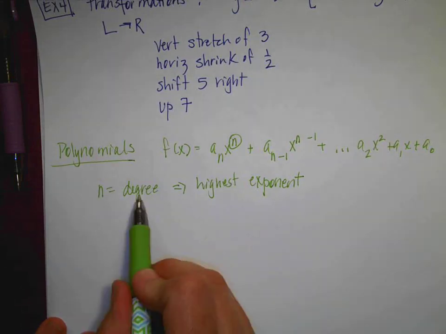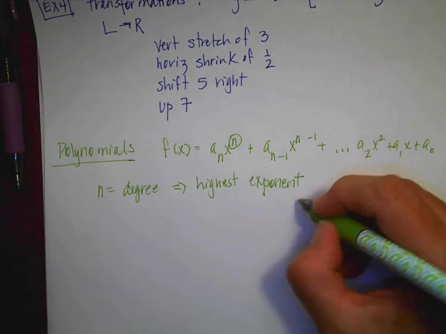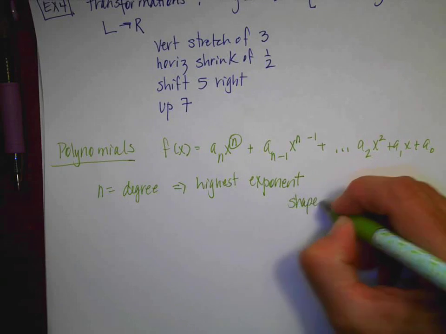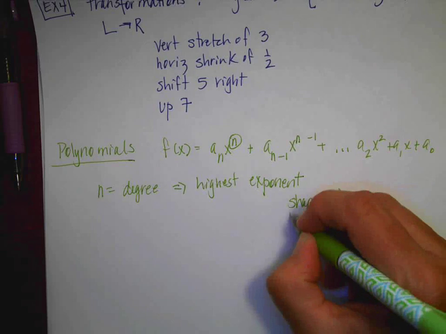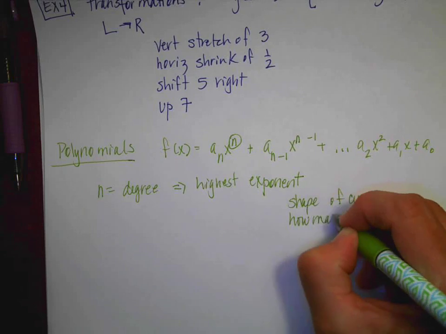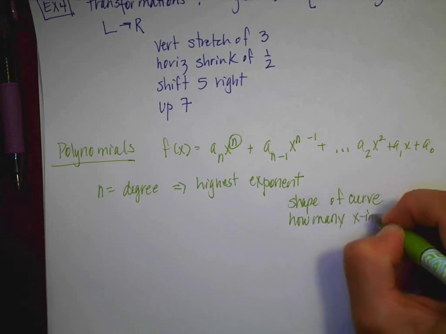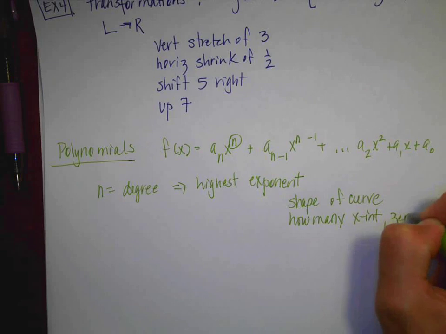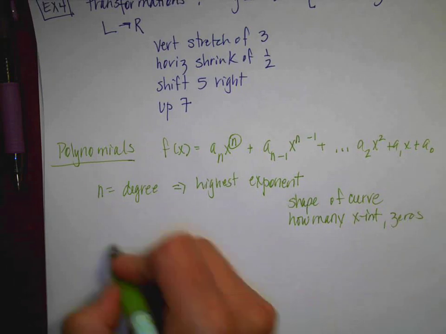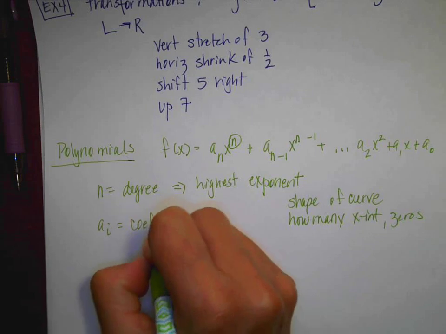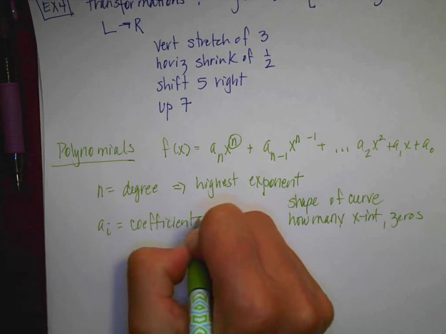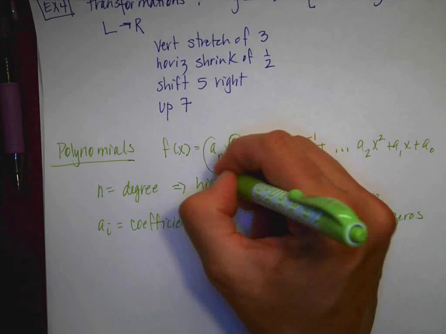And remember that the degree of an equation does all kinds of things. It tells you what the shape of the curve is going to be. It tells you how many zeros you're going to have. So it tells you the shape of the curve, and it tells you how many x-intercepts or zeros. Okay. a sub i are the coefficients.